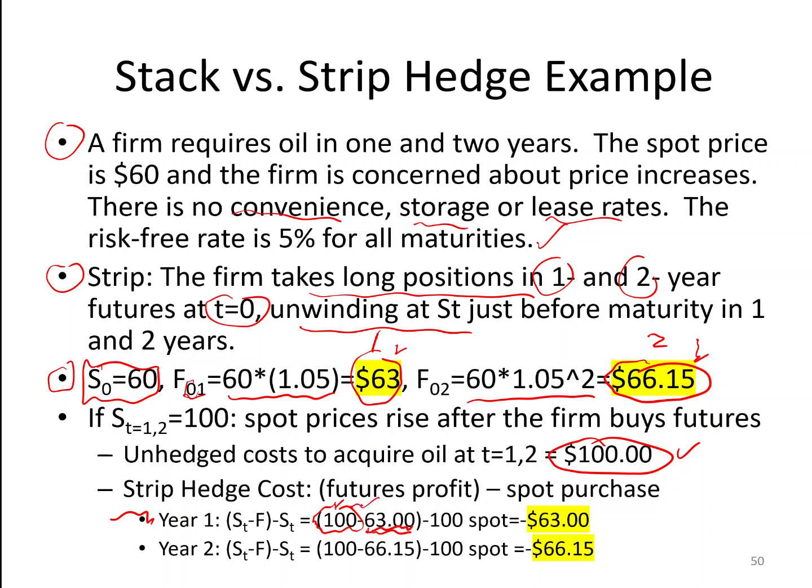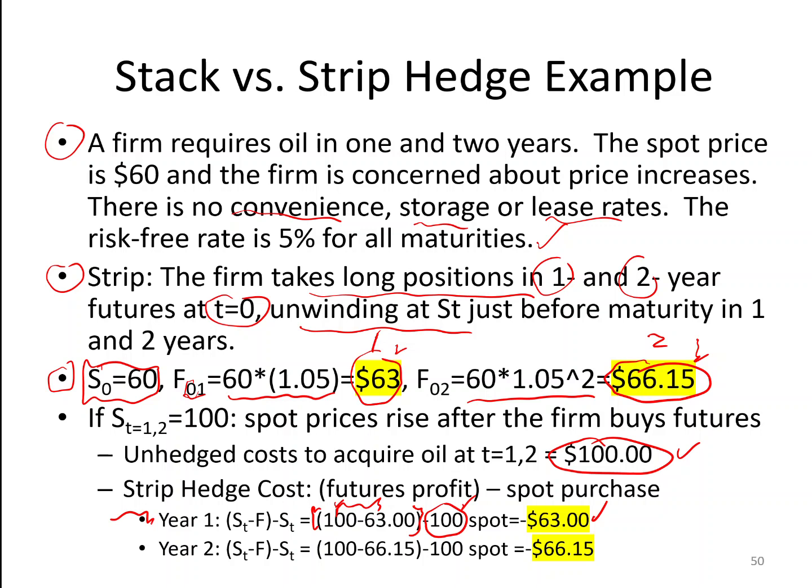All right, so you can think about this here as just the profit from the futures contract, ST minus F for being long. And then they'll go out and buy oil where they normally buy oil. And the effective cost is they pay $63 for 1 year oil because they made a profit from the first contract, and they used that to offset the higher cost of oil.